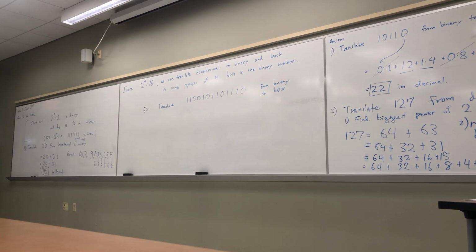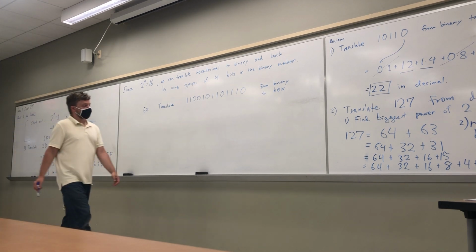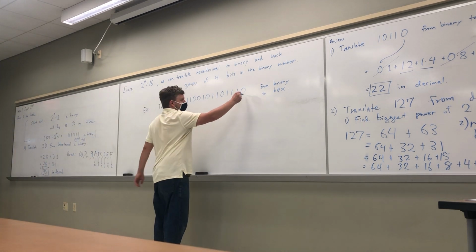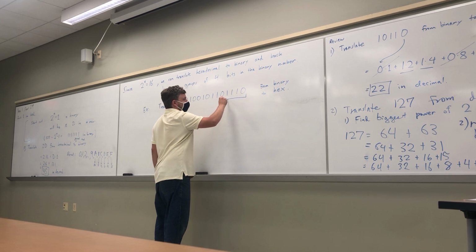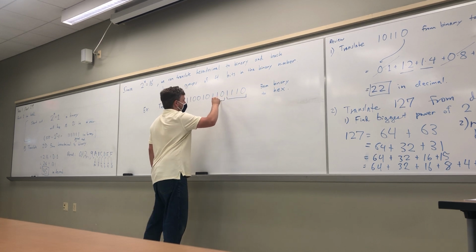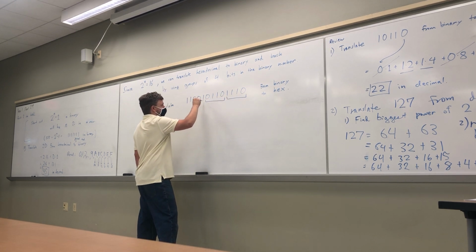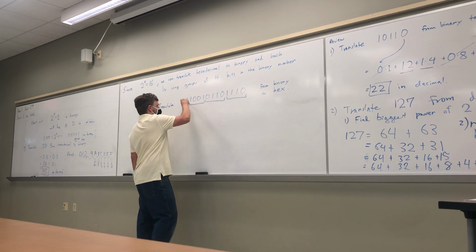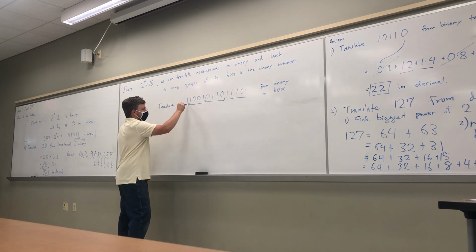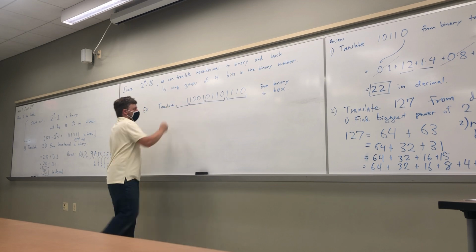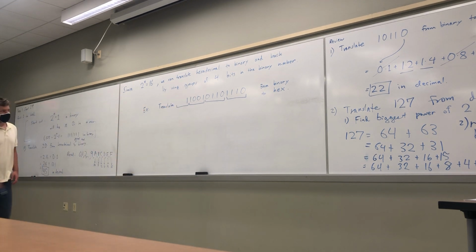Okay, so it says you can use groups of 4. So here's where the groups of 4 come from, though. You start at the right-hand side and split it into groups of 4. So first 4, second 4, third group of 4. And the last one, you might end up with some blank space because you really need to work from starting with the zeros place.